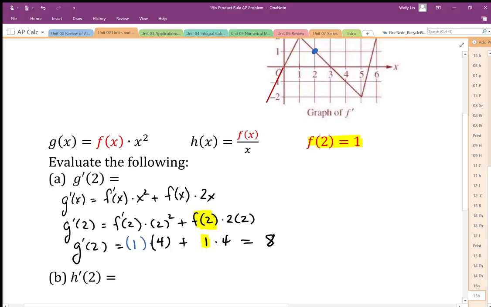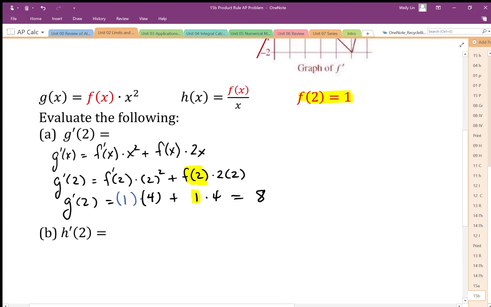So we've differentiated the notation, so this is what we're going to do for this one here as well. So h prime of 2, we need to find h prime of x first. We're going to differentiate the notation. This is a quotient, so we need to apply quotient rule. So f prime, the derivative of the top times the bottom, minus the function times the derivative of the bottom, which happens to be 1, all divided by x squared.